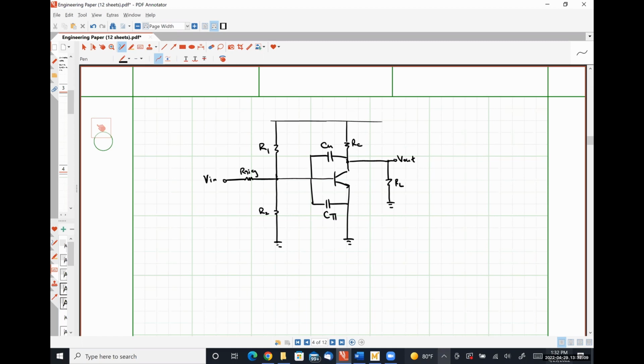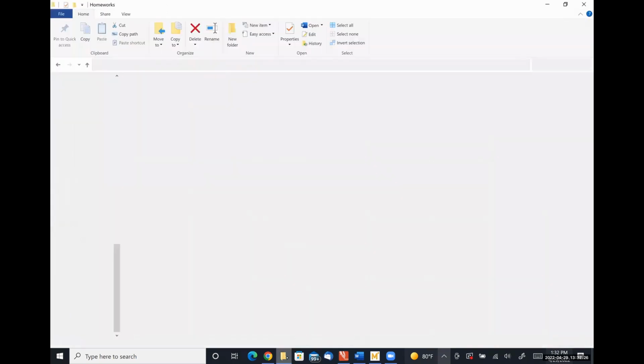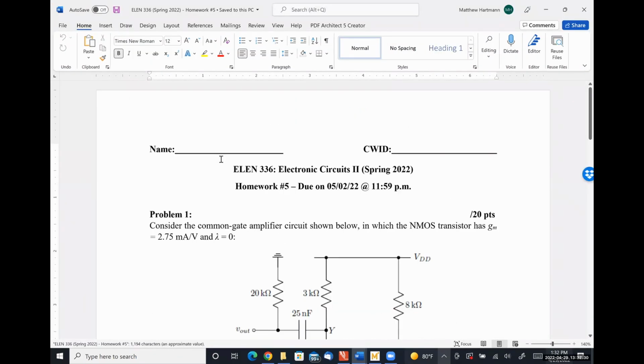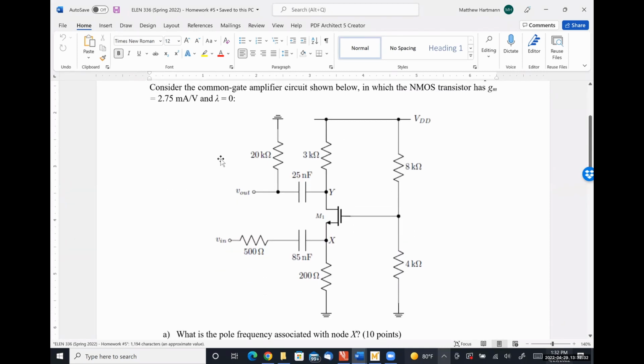For problems 1 and 2, I very explicitly ask you to use the method that associates a pole with each node effectively. So, let me pull it open real quick. The capacitance associated with node X is just the 85 nanofarad capacitor.